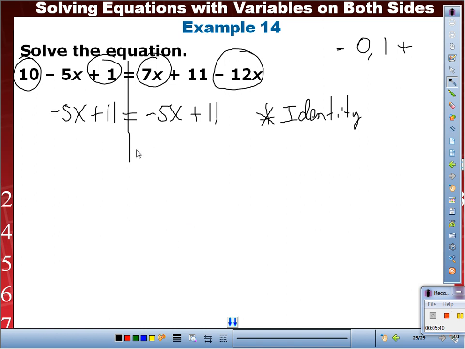Therefore, question. If that's true, look up to the screen, and they want us to solve for x, what are the possible solutions or numbers that we can substitute for x to make this true? Let's see. I'm going to substitute 0. 0 times that is 0, so I'm left with 11 equals 11.